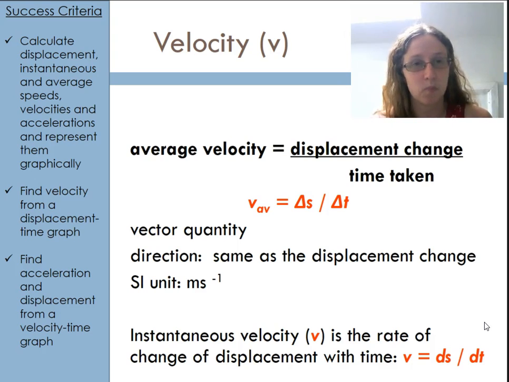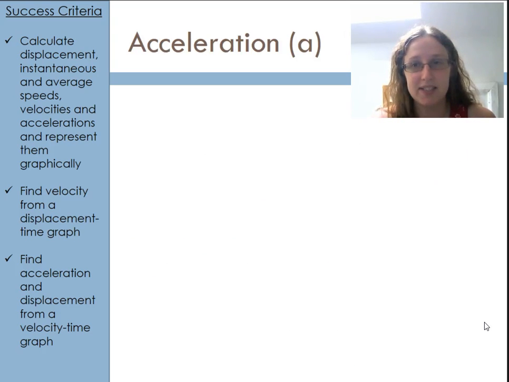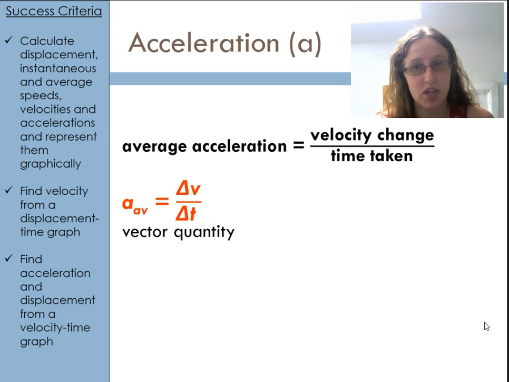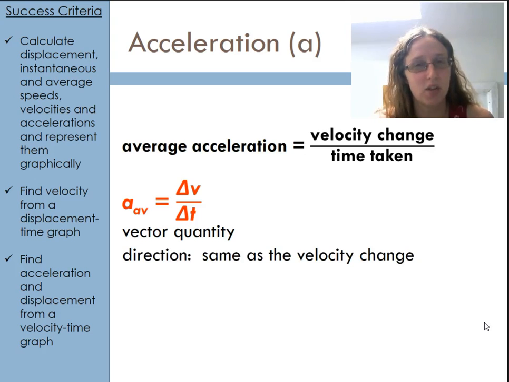Right, next up is acceleration, which has the symbol a, nice and easy to remember. The average acceleration is just going to be the change in velocity over the time taken. Note it is velocity, not speed, so that means that acceleration is a vector quantity, and the direction will be the same as the change in the velocity.